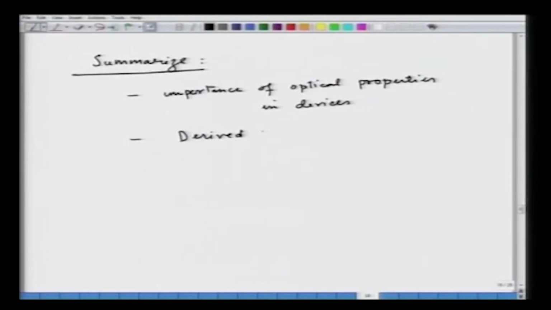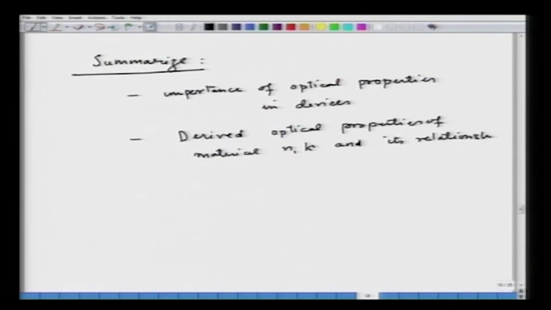We have derived the optical properties of the material from the electromagnetic wave equations, and its relationship with Maxwell equations.